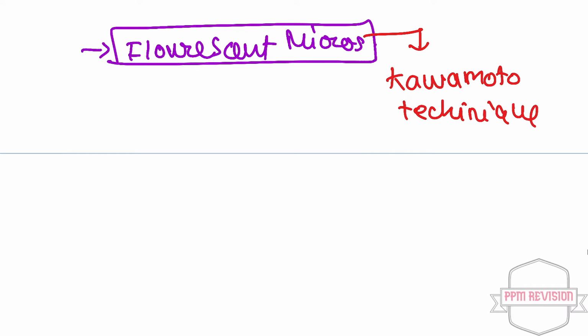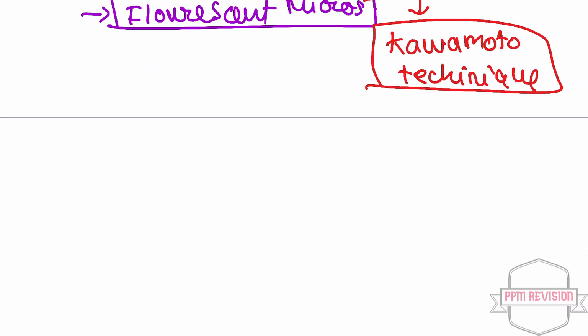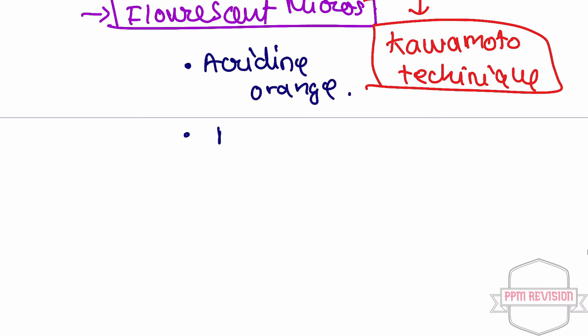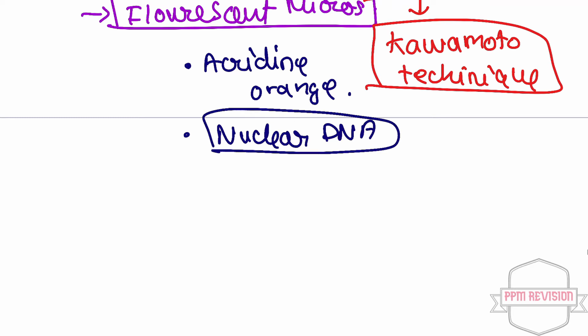Okay, now going more deep, here what we see is acridine orange is used, and what change we see is that the nuclear DNA is stained green, and the other part is the cytoplasm.